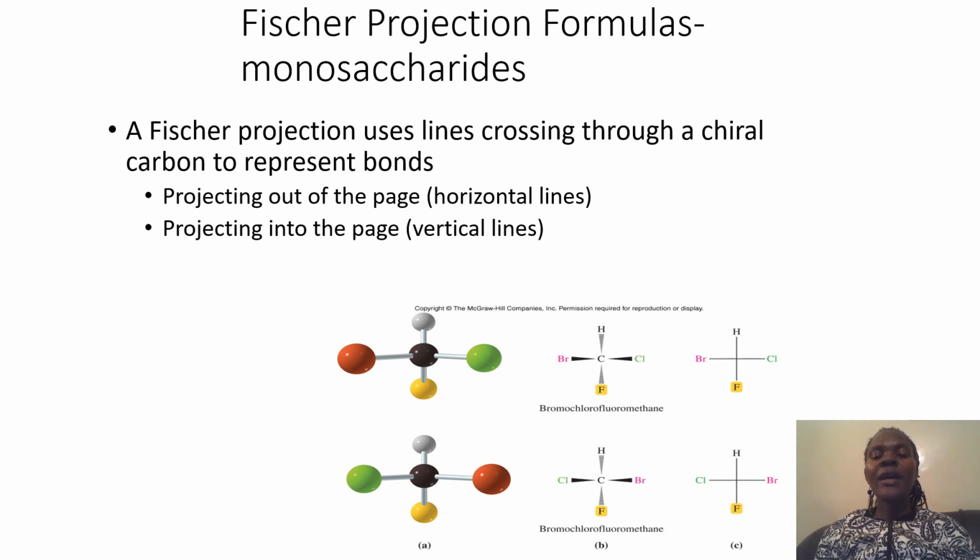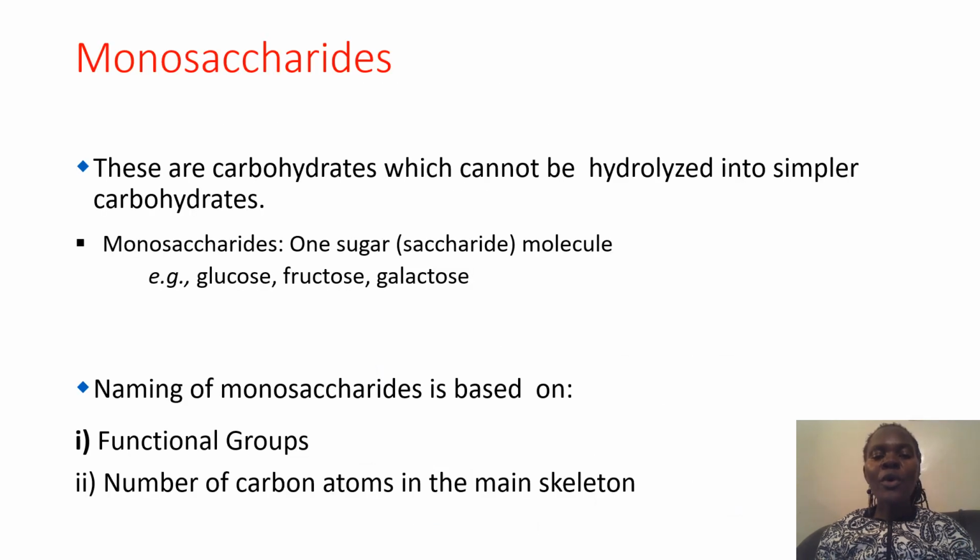It is either a linear projection, which is known as Fisher's projection, which is what shows on the slide here, or the Haworth or cyclic projection, which we'll look at later. We have to understand the linear projection before we can understand the cyclic projection.